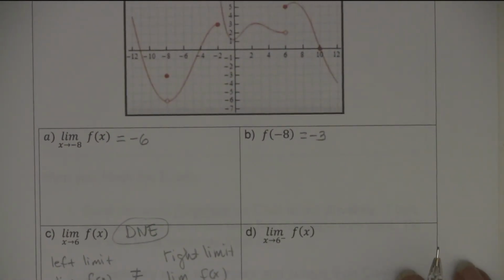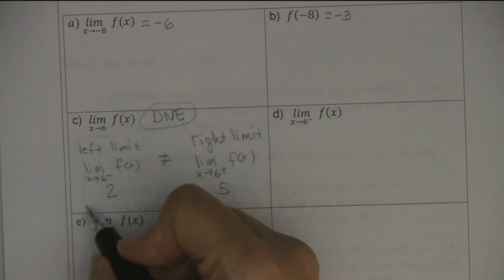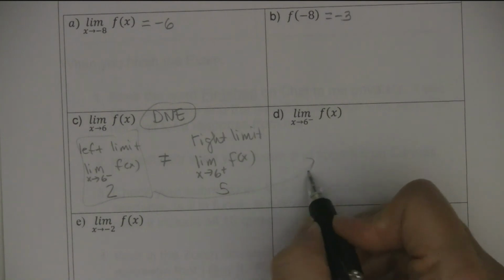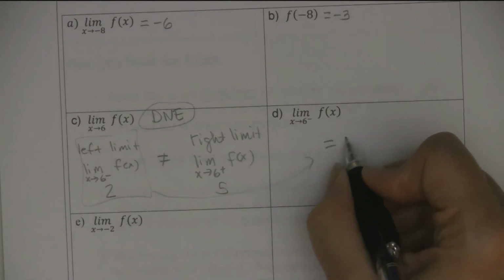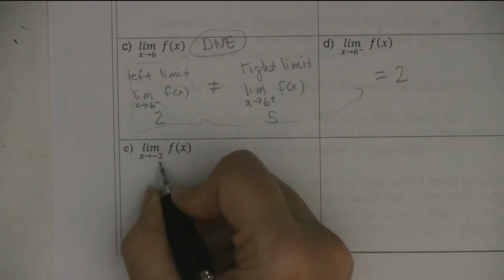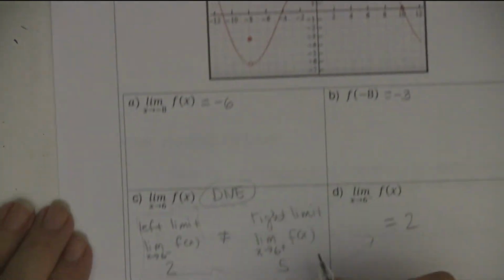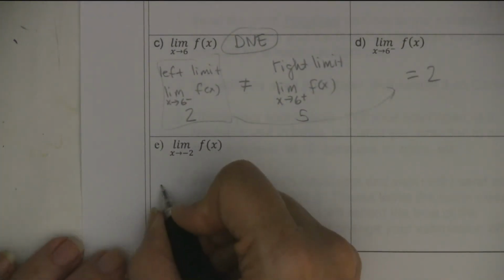Now it says, what about from 6 from a little bit smaller than? Well, we found that right here. That work didn't say that I had to justify my answer, but there's my answer right there. And then here, getting close to -2, I see it doesn't exist again, so I have to show some work here.